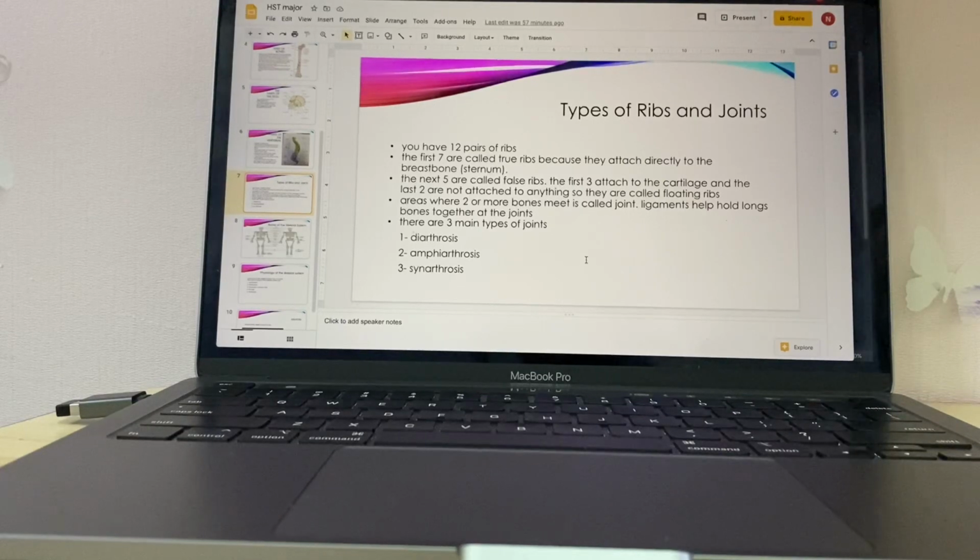Diarthrosis is like the ball and socket, which is like your shoulder. It can move 360 degrees, and it does not have limited movement. Amphiarthrosis is like your arm. Your arm can only flex towards your arm or away from your arm, and it has limited movement. And the synarthrosis is your skull, and the skull is fixed and it does not move.